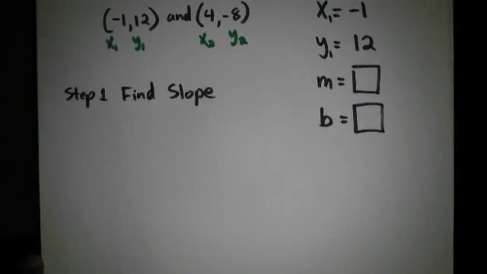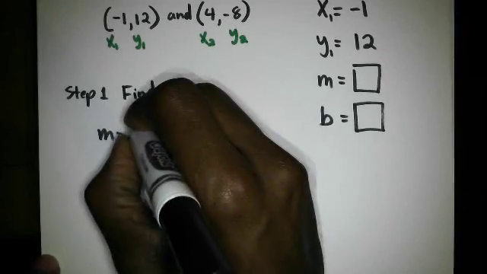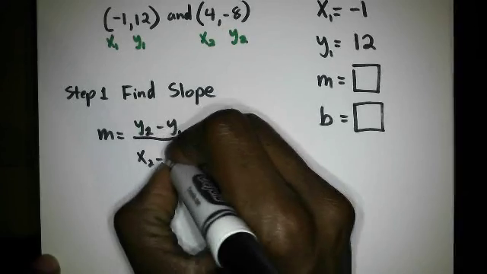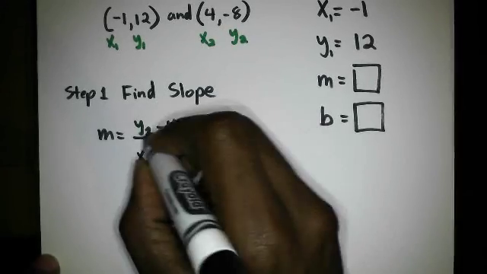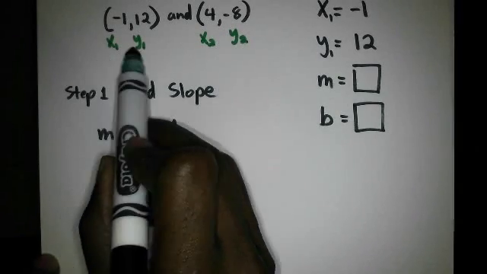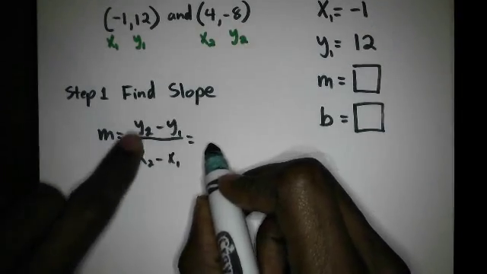We're going to use this formula. The formula is M, which is slope, equal to y2 minus y1 over x2 minus x1. We're going to replace each of them. Since we labeled them, we know where to put each of the numbers. So all we have to do is just plug it in.